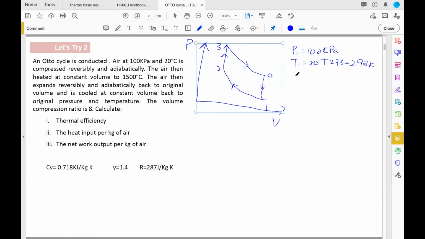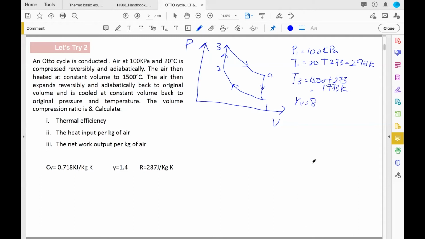Then air is heated at constant volume to 1500, so I know that T3 equals 1500 plus 273, which is 1773 Kelvin. What else? It's also showing that rV is given, equals 8. That's lots of information. So the first question is thermal efficiency.